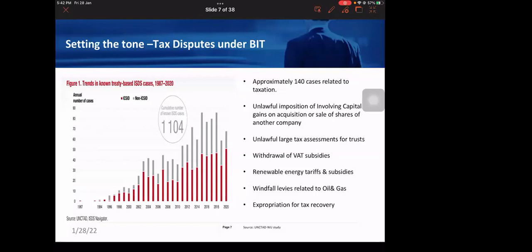Some of the cases are in the tax ambit, and when I say tax, it's not necessarily direct taxes or income taxes, but overall taxes. The cases have been for unlawful imposition of capital gains on the sale of shares of another company, similar to indirect or direct transfers.